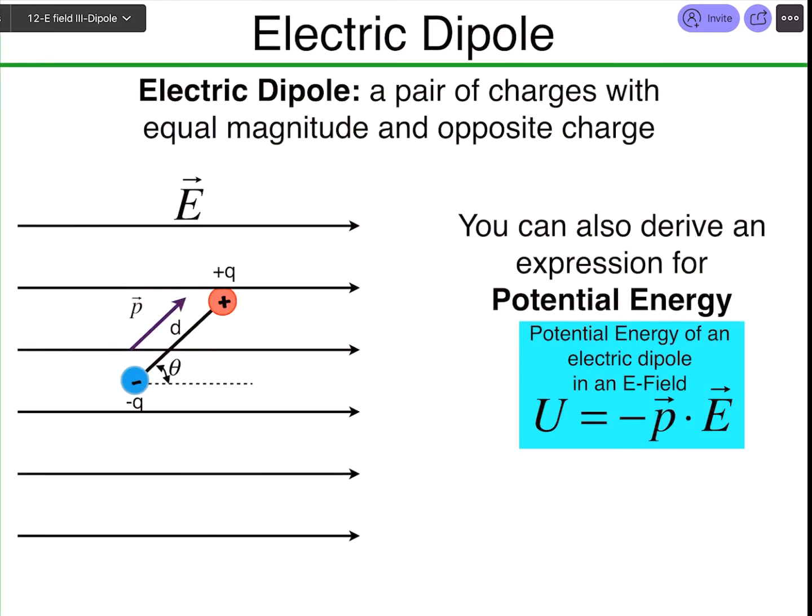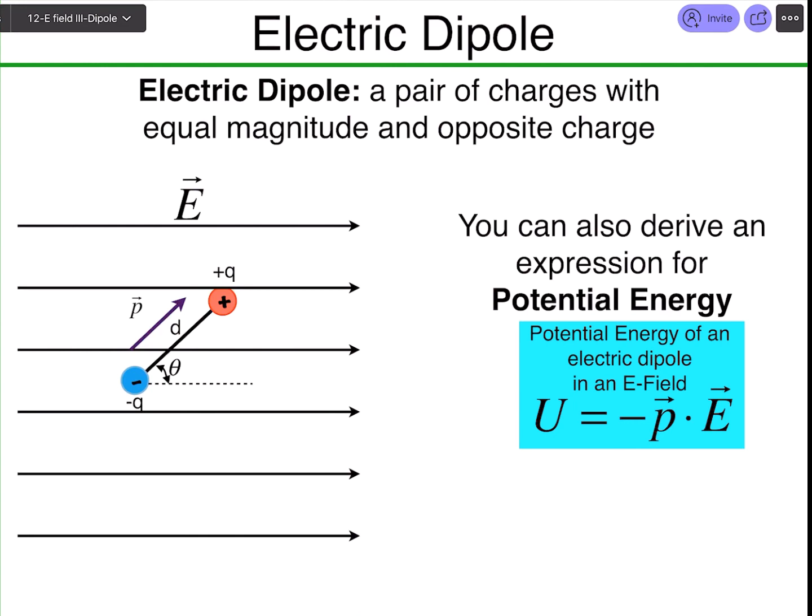You can do a similar calculation for the potential energy of a dipole in an electric field. And so the potential energy of a dipole in an electric field is minus P dot E, and it depends on the magnitude of the dipole moment, the magnitude of the electric field, and the angle between the dipole and the electric field.